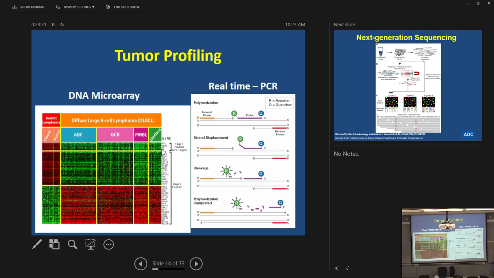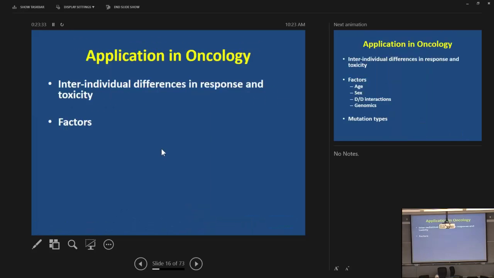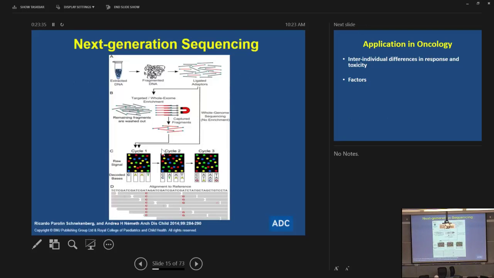Okay. So these are a couple of different methodologies. Oh, and then this next one is the next gen. Right, so next-gen is taking extracted DNA, fragmenting it, finding these ligated adapters, copying them through the whole genome sequencing, and then adding fluorescent tags to them, and doing these passes across the DNA to build the DNA code.